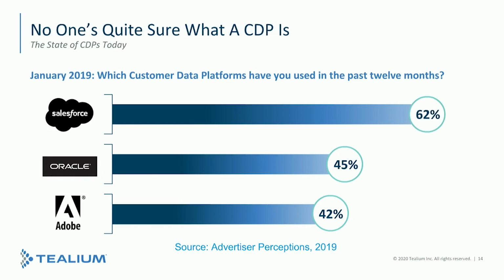Those organisations were running Salesforce, Oracle and Adobe, which were all technologies that in January 2019 didn't actually have the CDP capability, and yet 62% of people who were running Salesforce said they were running a CDP. What that tells me is that the confusion in the marketplace is quite high, and the understanding of what a CDP will bring to an organisation is still to be solidified for many organisations.